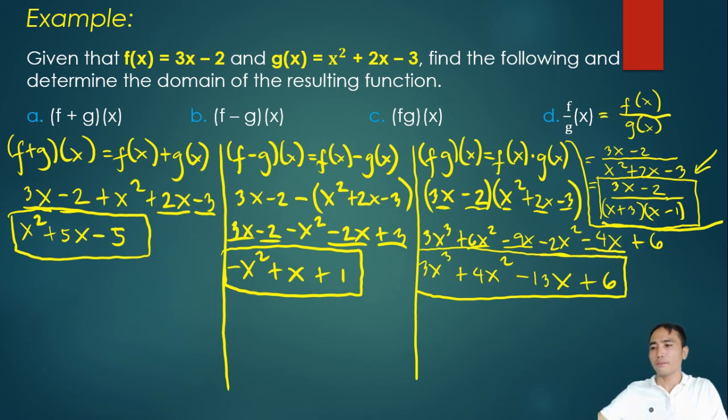Now let us determine the domain of the resulting function. For letters A, B, and C, these are polynomials, and the domain of polynomials will be all real numbers, or from negative infinity to positive infinity.